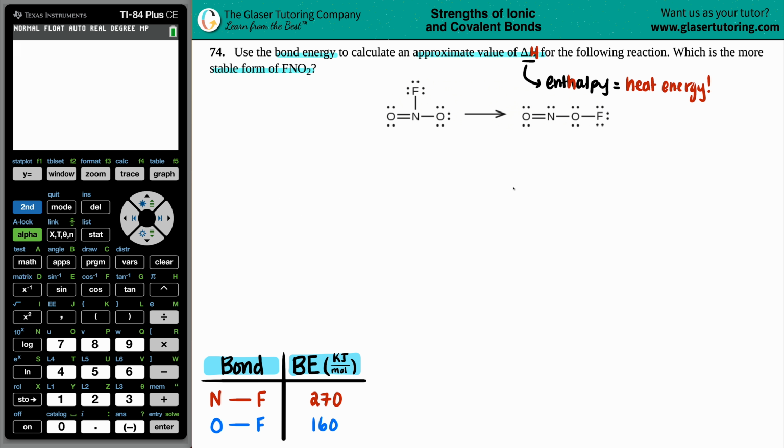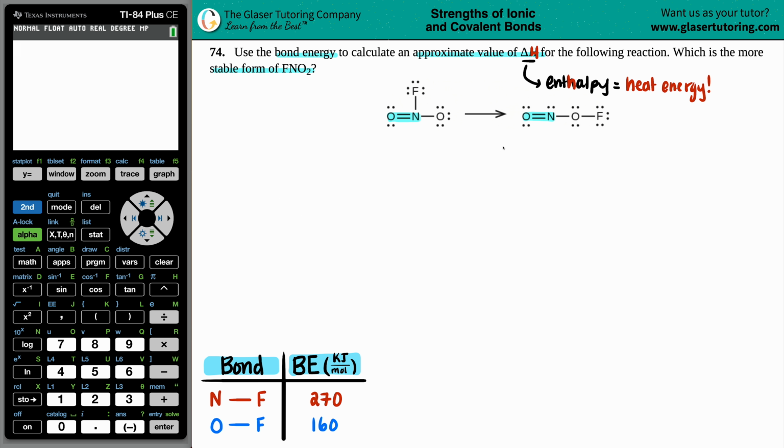Now, when we're using bond energies to find an approximate value for enthalpy, all you have to do is just see what is different, because that's what's changing. So, for example, I'm going to see, okay, I have an O double bonded N here. Do I have the O double bonded N on the right side? The answer is yes.